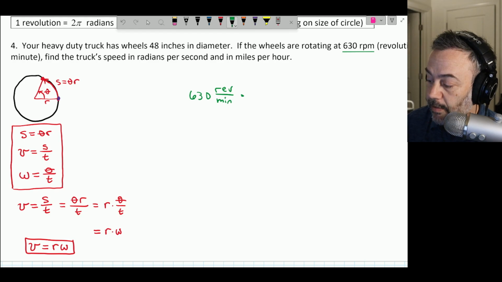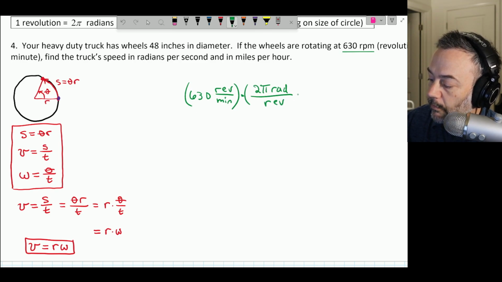So I'm going to multiply this by 2 pi radians per revolution. So 2 pi radians per 1 revolution.